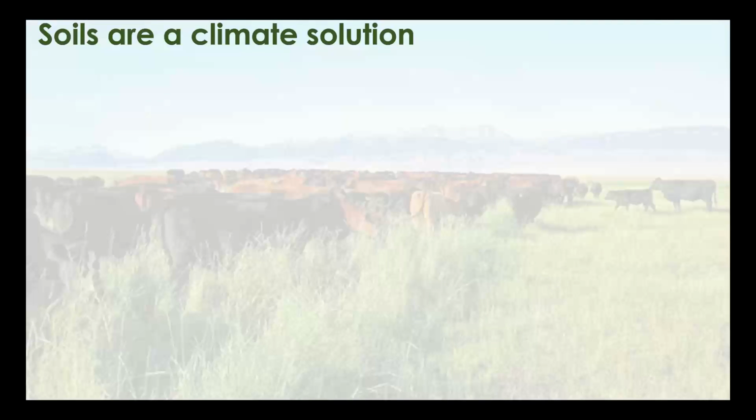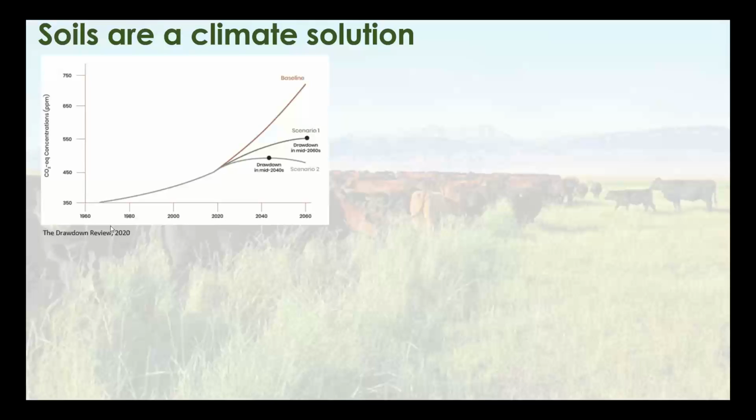In addition, particularly from the soil carbon perspective, soils are a climate solution. In this figure, the years are on the x-axis and carbon dioxide equivalent concentrations are on the y-axis. The figure shows that since 1960, we've increased from about 350 parts per million up to somewhere around 450 parts per million of carbon dioxide in the atmosphere.